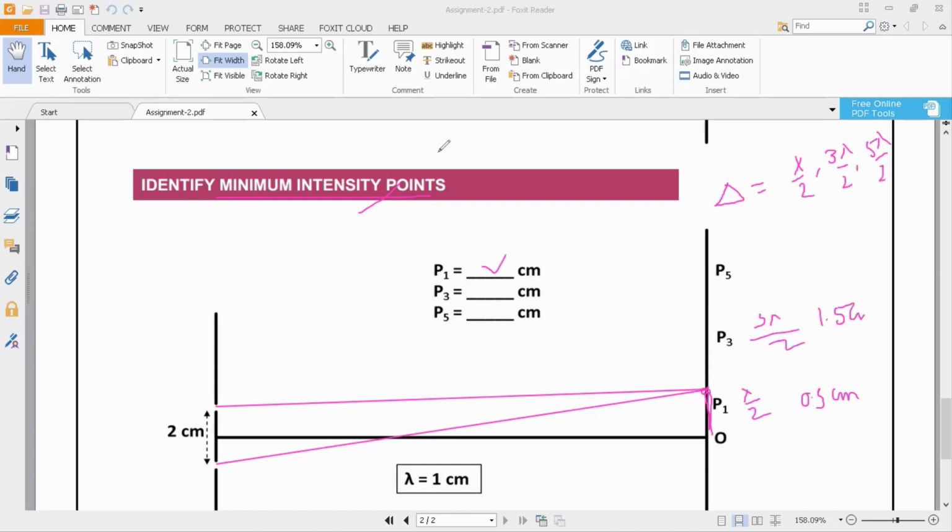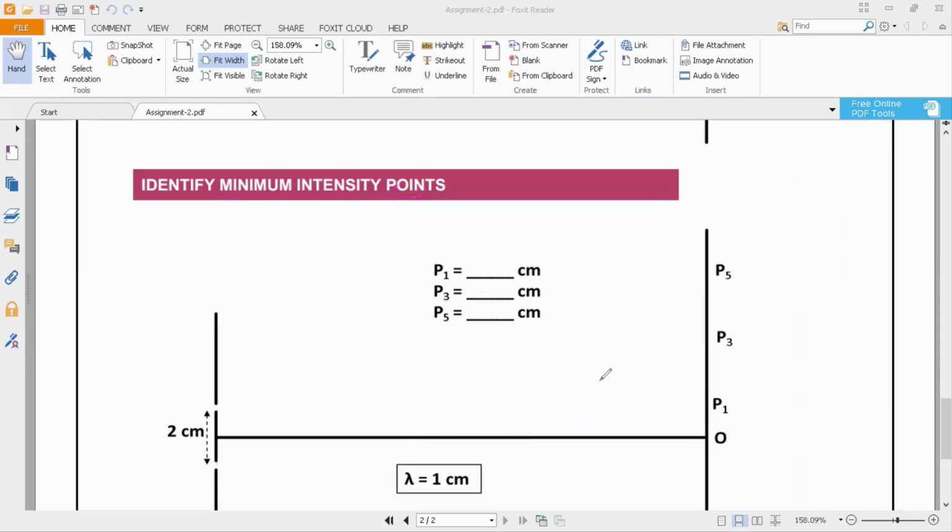At this point, if you measure the path difference, it should come 1.5 centimeters. Then this is the exact point of P3. So this height again you have to give here. Like this, you have to give P5. So this is the assignment just for your understanding. Don't bother about these values. Those values are not correct, but okay. Thank you.